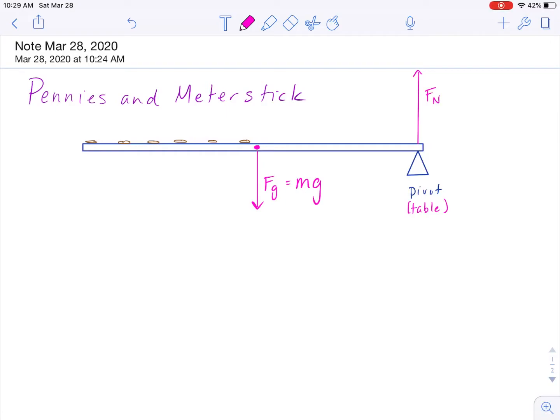And then in this scenario, let's look at the instant that we let go. The very first instant that we let go, Fn is actually equal and opposite to Fg. But then the meter stick starts to accelerate. And so we're going to take a look at this in terms of torque.